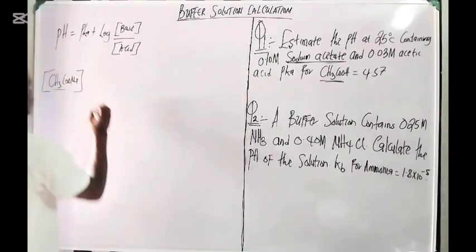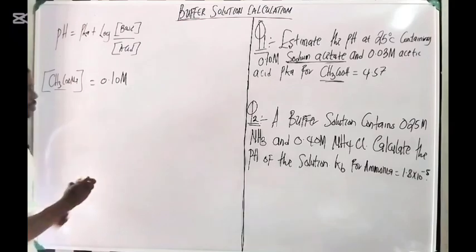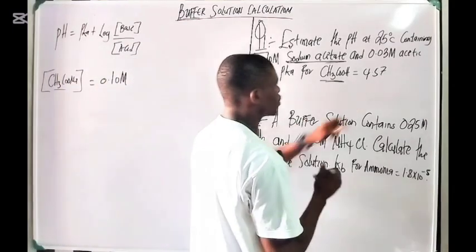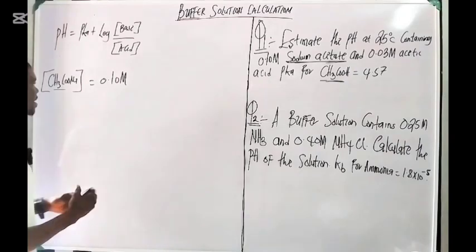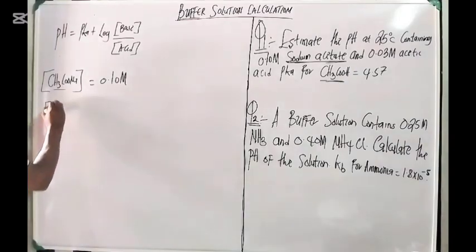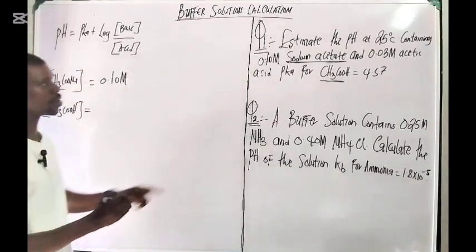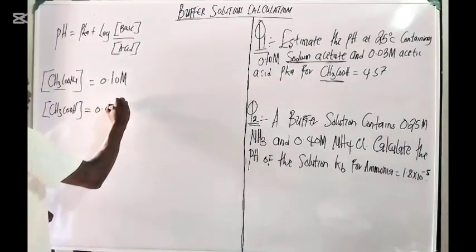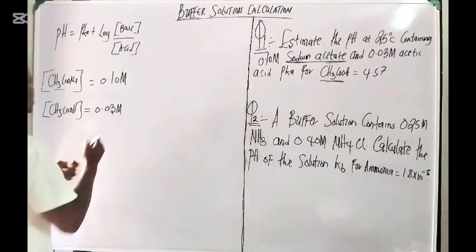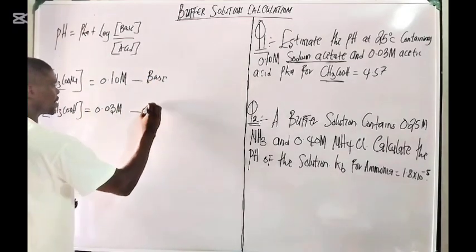It has the value of 0.10 molarity. And 0.03 molarity acetic acid, CH3COOH, equals 0.03 molarity. So this is the base and this is the acid.